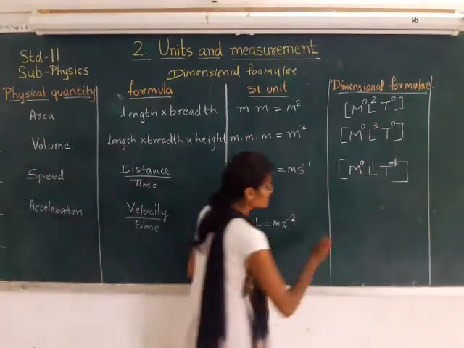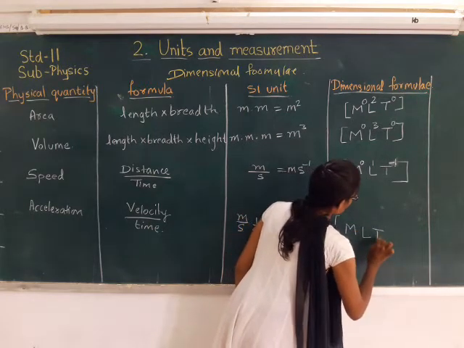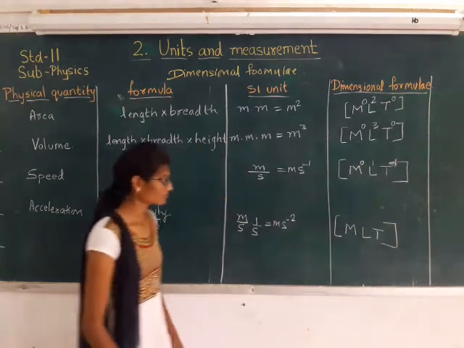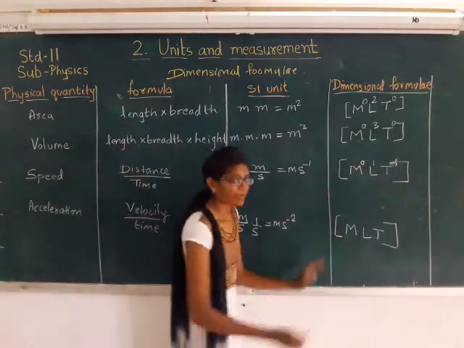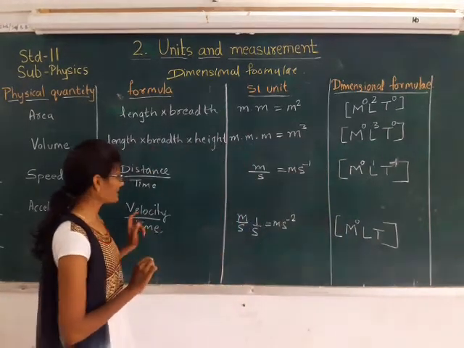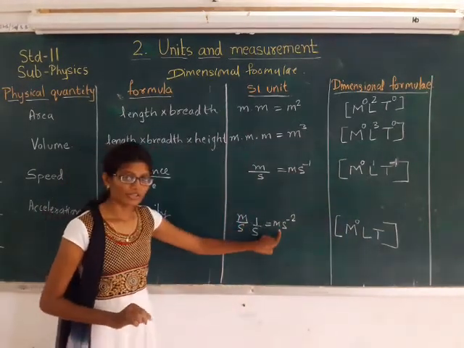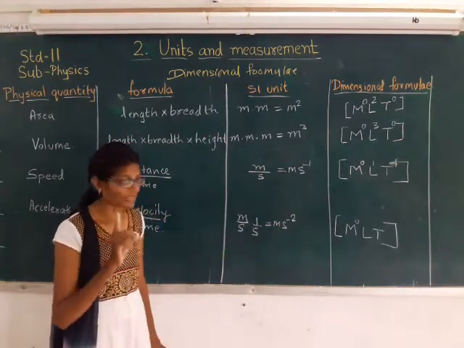So for the dimensional formula for acceleration, first of all let us write M L T. Here we do not have mass, right? So the dimension of mass is 0. We have length, right? We have written the unit of length, that is meter, and its power is 1.